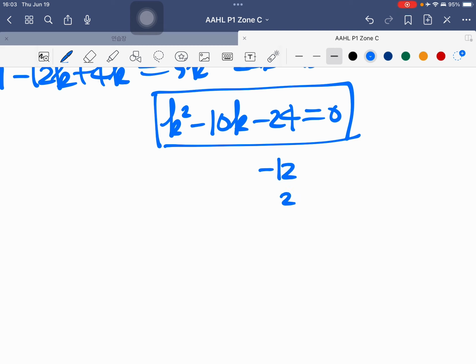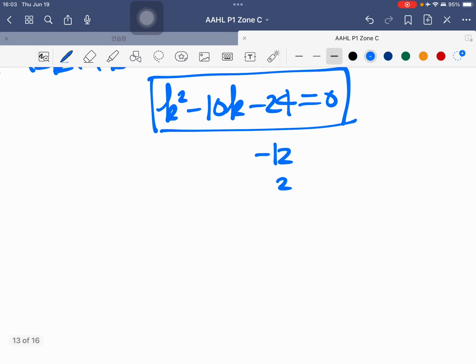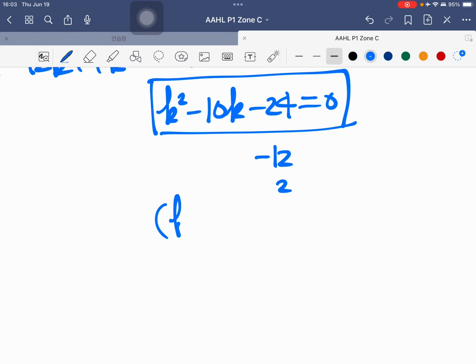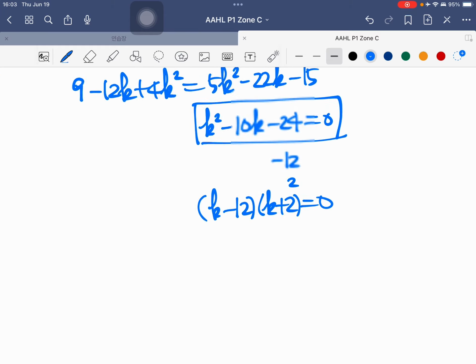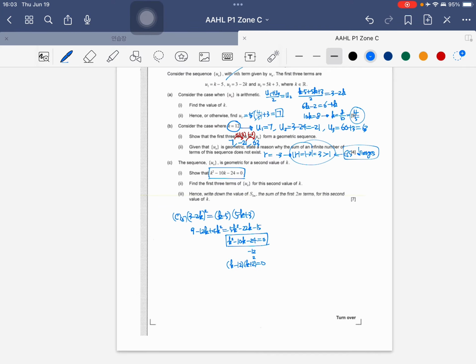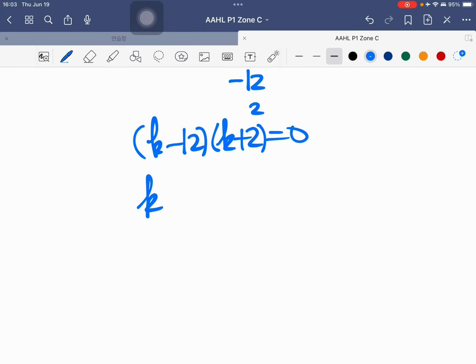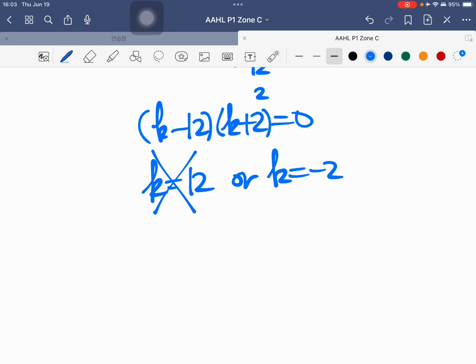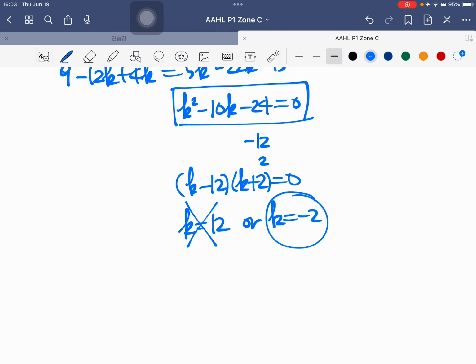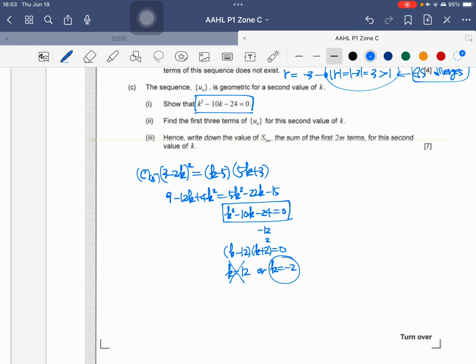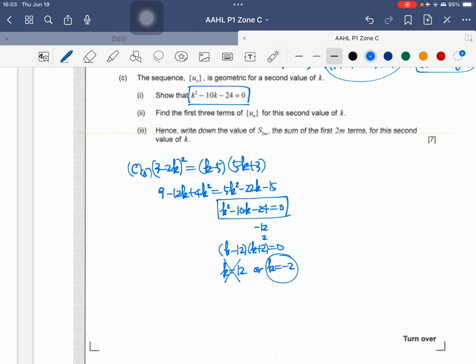Minus 12 plus 2 is negative 10. So it can be factorized into k minus 12 and k plus 2 equals 0, which means that k is 12 or k is negative 2. 12 we already have, the first condition. So the second value of k, what they mean is k must be negative 2.